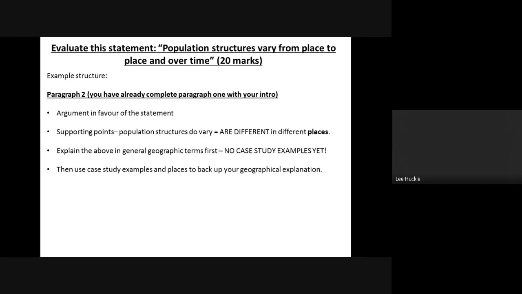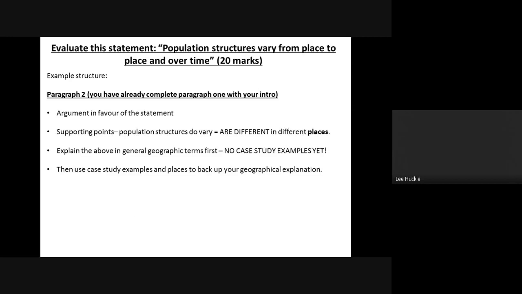Now again, this is where the structure of your paragraph is exactly the same as your 12-mark assess questions. Explain the above point in argument in favour in general geographical terms first. No case study examples yet.